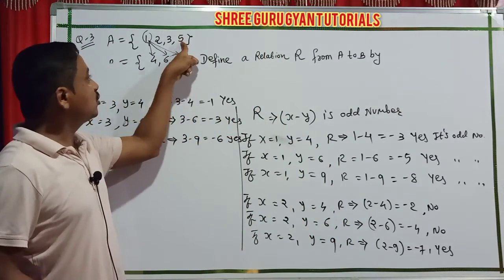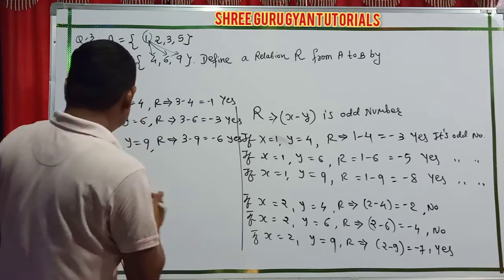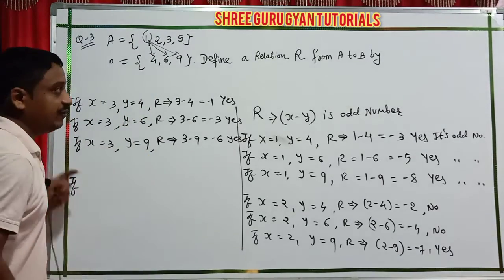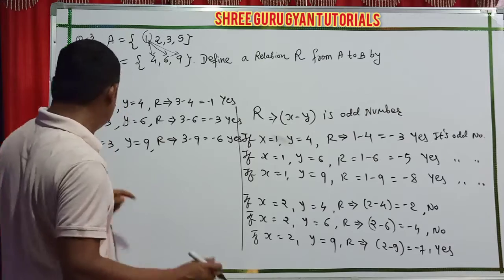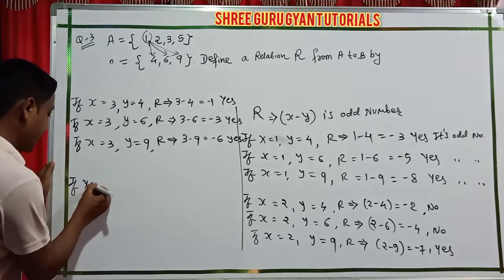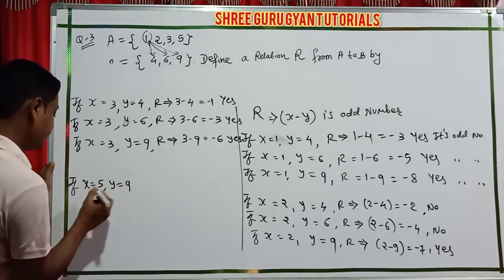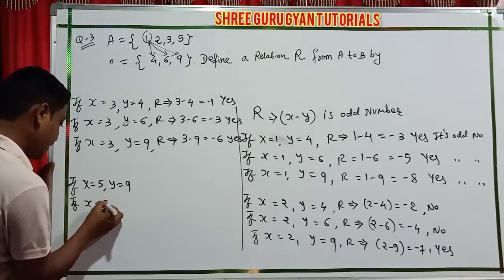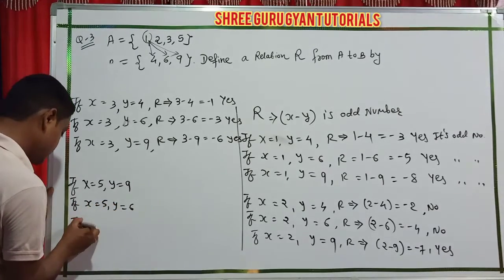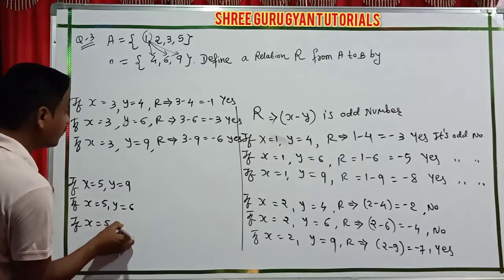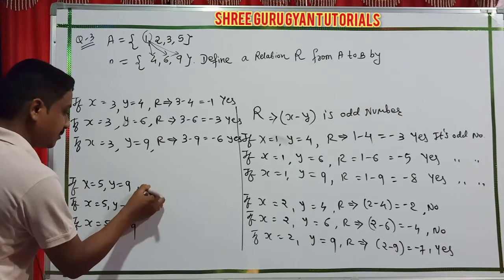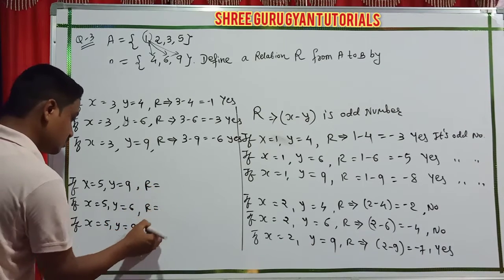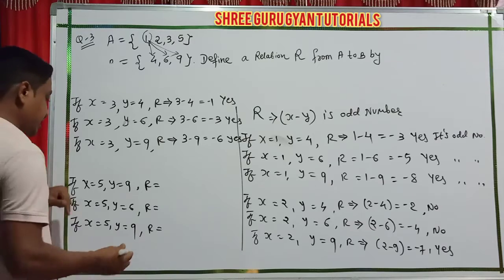Now I start taking 5. So one more step. If your value is defined as x is equal to 5, y is 4, same as x is equal to 5, y is 6, or x is equal to 5, y is 9. Same applies to the relation. So what is the relation x minus y?